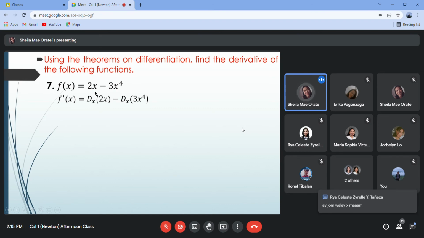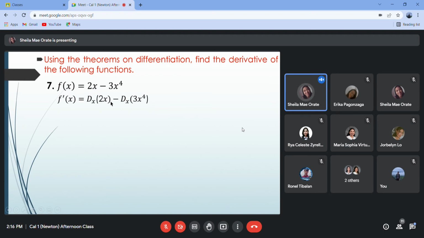When it comes to the difference rule, when we talk about the difference rule, we need to find the derivatives term by term. So we have here, find the derivative of 2x minus the derivative of 3x raised to the power of 4.